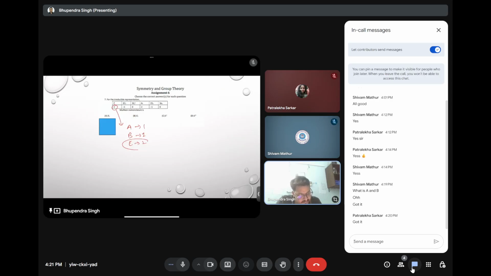Okay, maybe misprinted. This should be E1 or E2 dash, because the dash will come after the subscript, E2, E1. After that the superscript will come. So there is a misprint in options C and D. Okay, we will solve it anyway, so we'll get to know the answer.